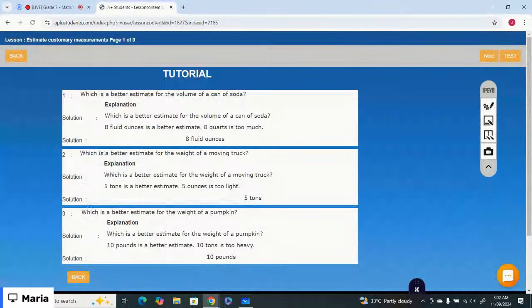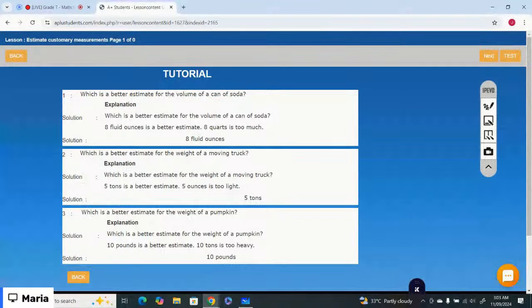Which is a better estimate for the volume of a can of soda? So you need to find the volume of the can of soda, right? You are given two options, 8 fluid ounces and 8 quarts. You have to select the correct option. The correct option is 8 fluid ounces, because 8 quarts is too much for just a can of soda.